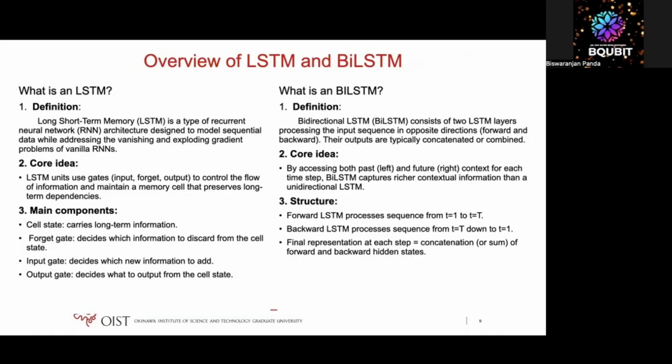LSTM is basically under the recurrent neural network. So why are we using a recurrent neural network? Basically, a recurrent neural network is used for prediction. It has a short-term memory, so it predicts the next sentence.